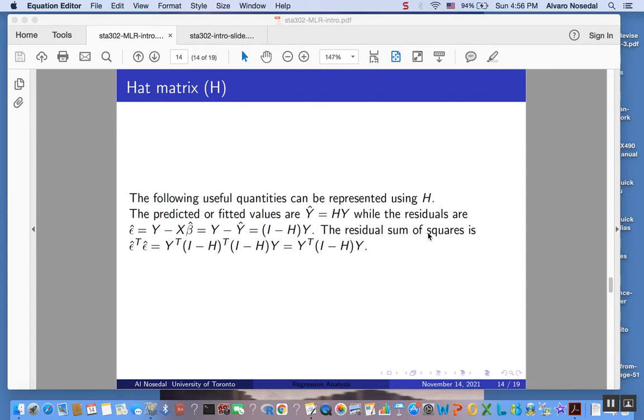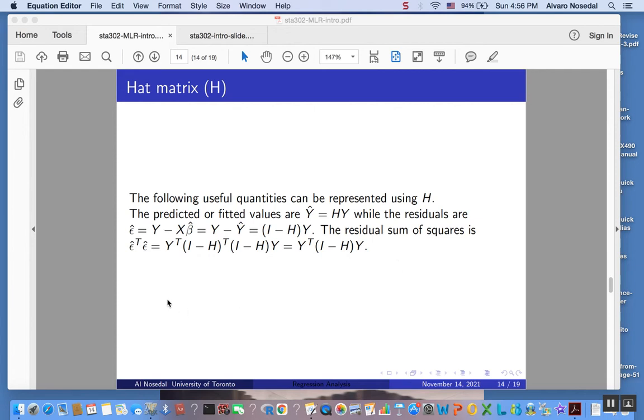Okay, so something else. Remember that we have a fourth parameter to estimate here. We have beta 0, beta 1, beta 2. Those are the three betas that we want to estimate, but we have another parameter, sigma squared, the variance of those random fluctuations.